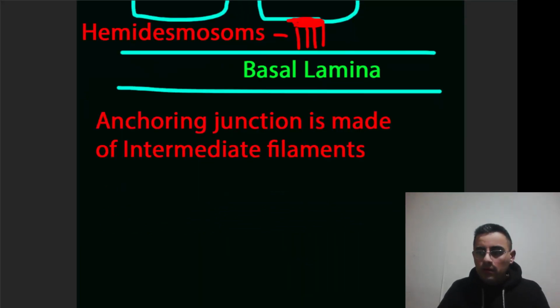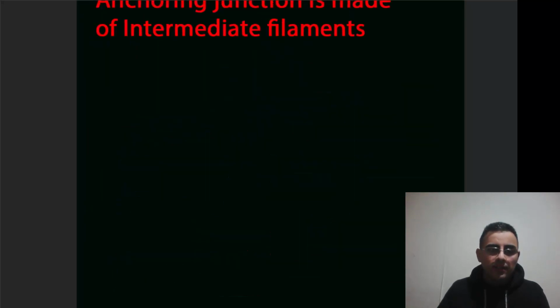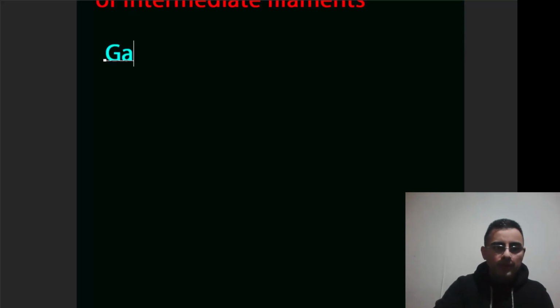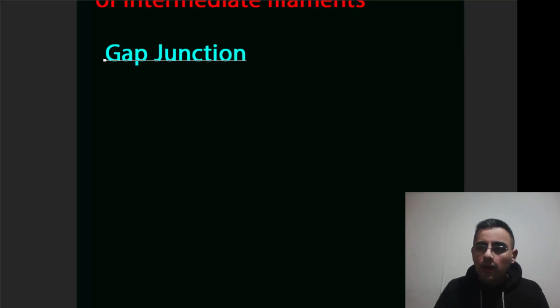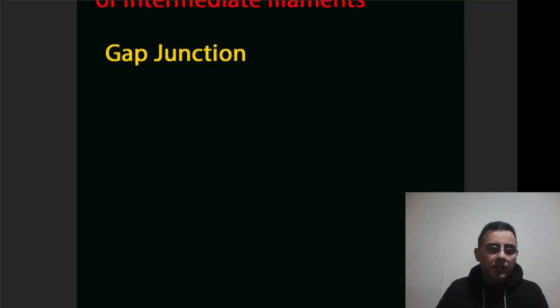Okay, now let's discuss the gap junction, the third type of junction. I want it in orange color.